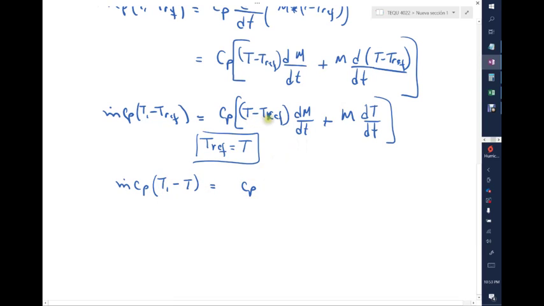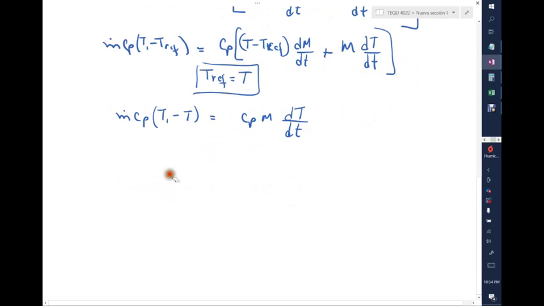Now T equals T reference, and this T is equal to that as well. This is gone, and we're going to end up with Cp m change in temperature with respect to time.